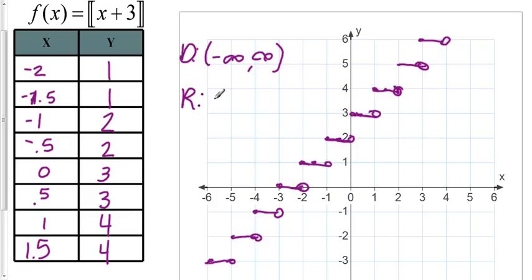So when you describe your range, I would just write that the range values are all integers. That's where the pieces of the graph are located on the y-axis, all integers. Okay, we're done with this graph.